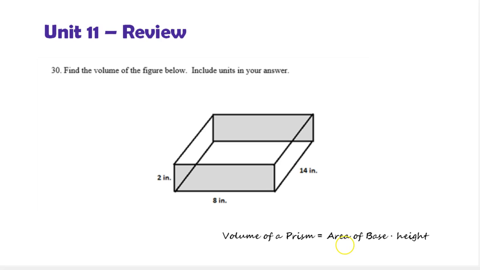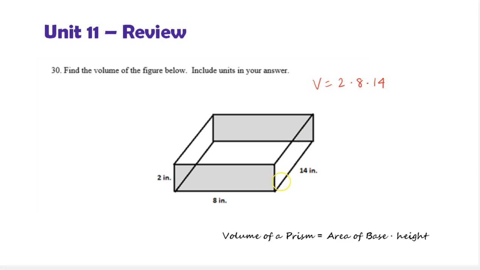Okay, so the area of the base, if we look at this rectangle, is 2 inches times 8 inches. So length times width for a rectangle. And the height is going to be the distance between the bases, which is 14. Okay.